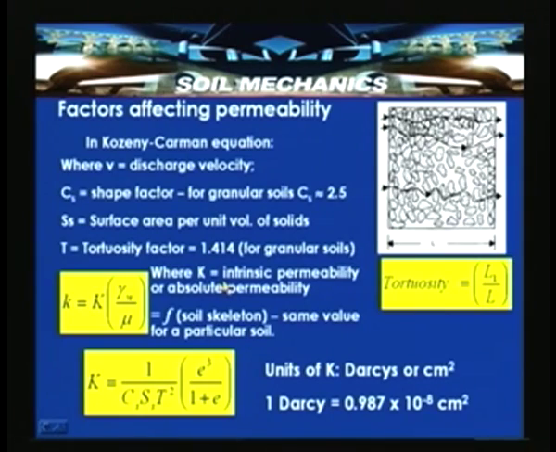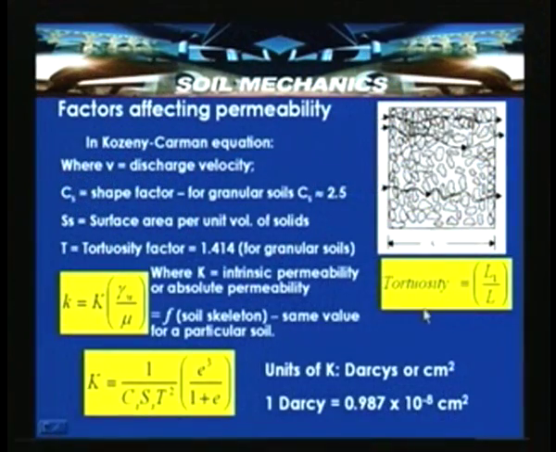The tortuosity is defined as the ratio of the tortuous length to the imaginary length, which is assumed as flow through soil passing through the voids as well as the solid grains. That length is L. So, the tortuosity is nothing but the ratio of L1 by L, which is indicated in the Kozeny-Carman equation as T. It can have different tortuous lengths passing through the contact points and through the voids in the soil mass.